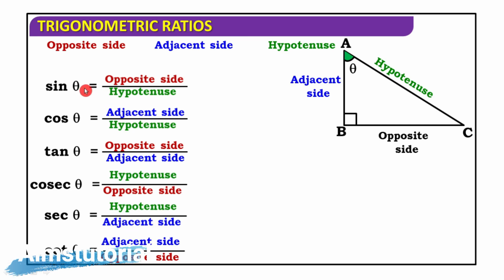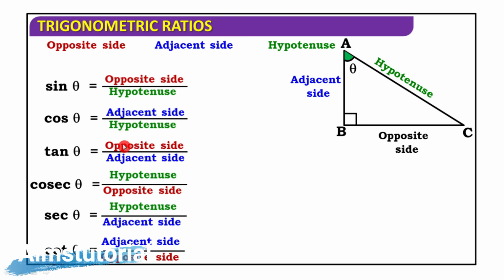So initially we created the three ratios sin, cos and tan, and the remaining three are reciprocals of the first three. So the reciprocal of sin theta is cosec theta. Sin is opposite by hypotenuse, then cosec is hypotenuse by opposite, cos theta is adjacent by hypotenuse, then sec theta is hypotenuse by adjacent, tan theta is opposite by adjacent, cot theta is adjacent by opposite.